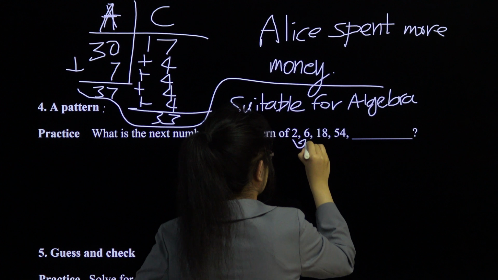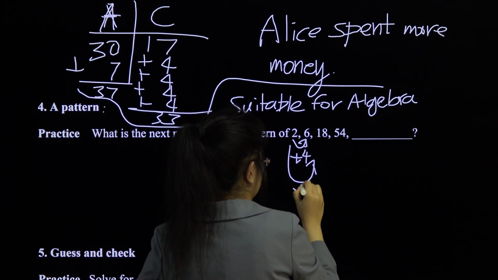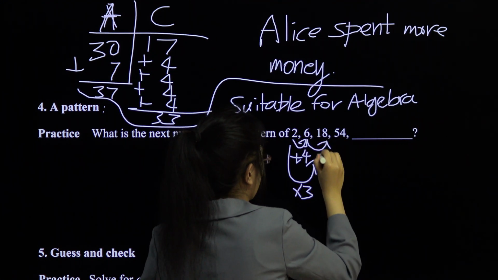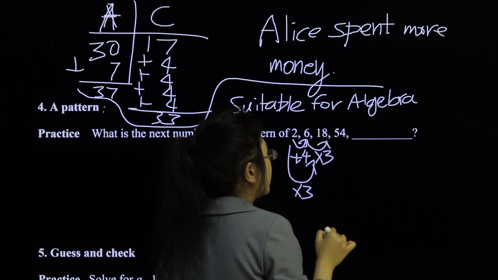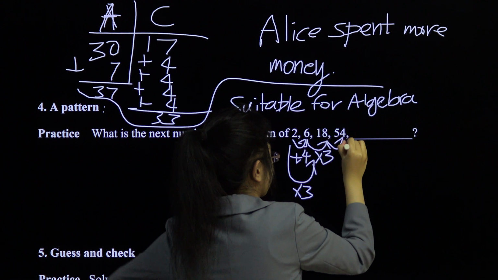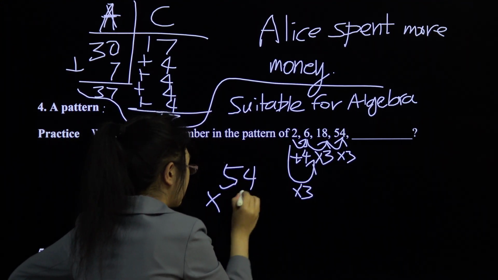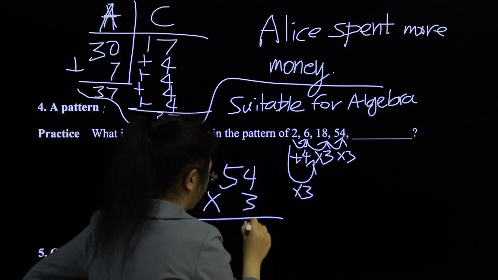So 2 to 6 can either be you add 4 or you multiply by 3. Now 6 to 18 is definitely not add 4, but it is multiplied by 3. And 18 to 54 is also multiplied by 3. Now what's 54 multiplied by 3? Come on guys, you learned this last chapter.